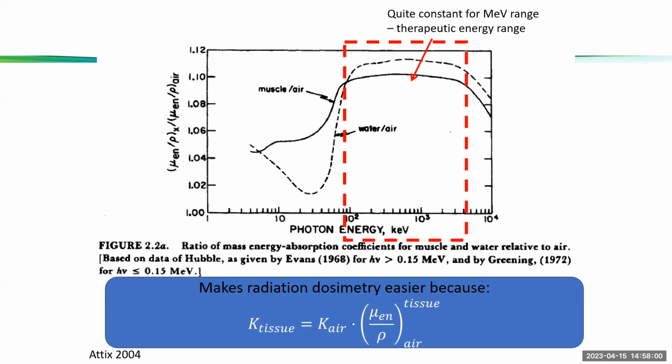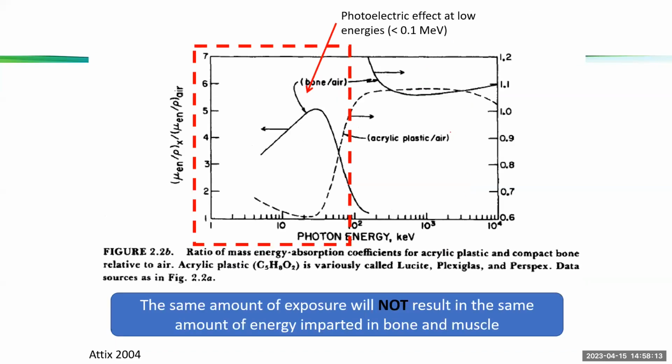For the megavoltage energy range, it is very nice because the ratios are very constant. However, it's a bit tricky in the diagnostic range. As you can see here, for different types of material, for example higher atomic number material like bone, you get a more enhanced response due to the photoelectric effect at low energy in diagnostic.